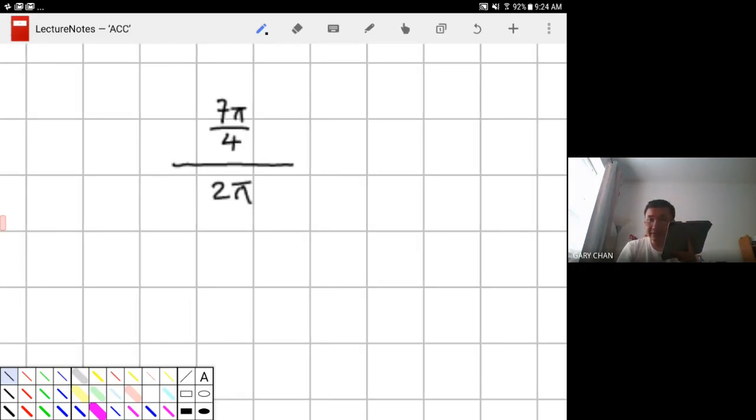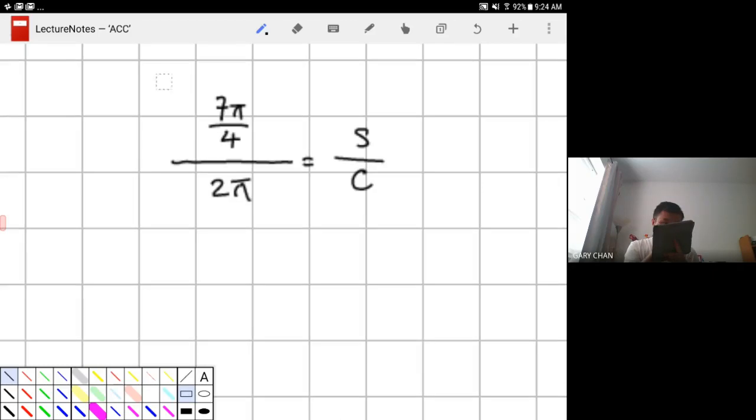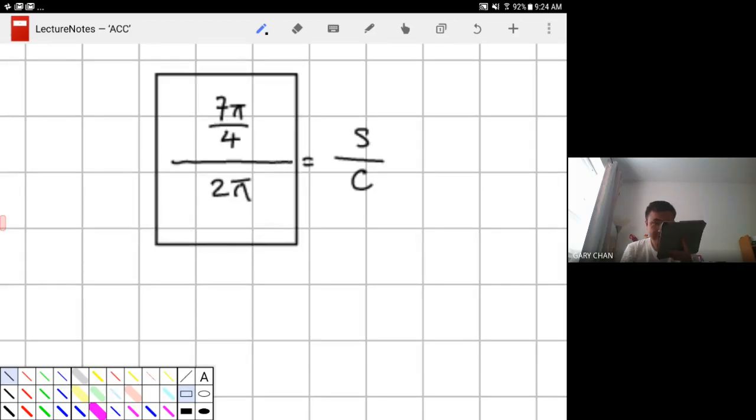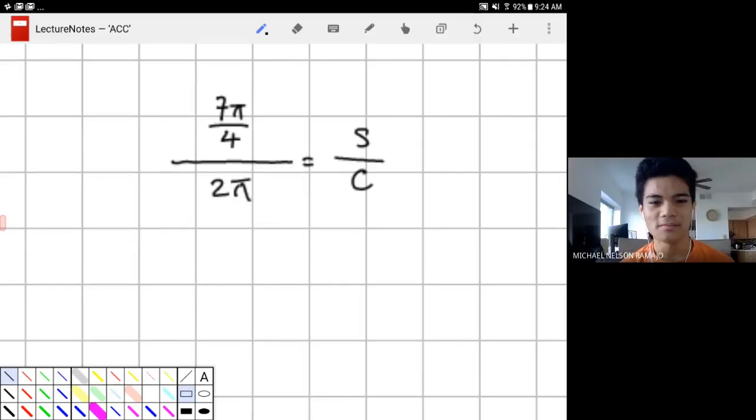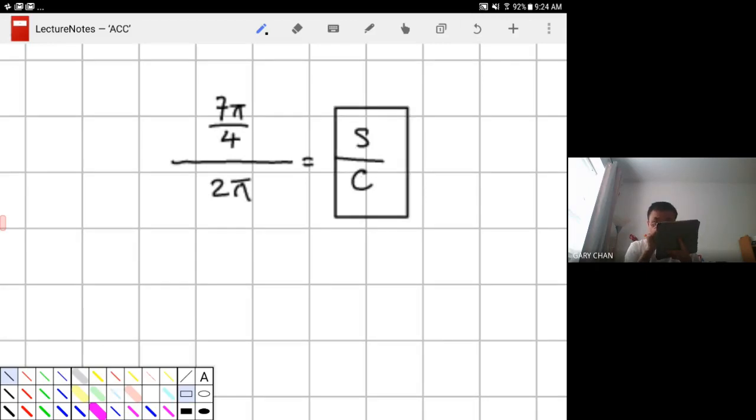They're asking you to determine the fraction of the arc length to the entire circumference. Wait a minute, isn't that what this is? Yeah, arc length over circumference is equal to this thing right here.